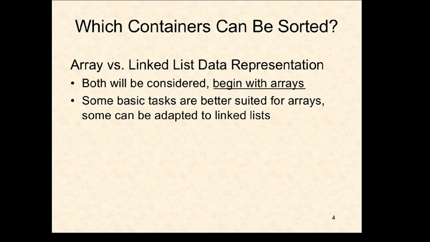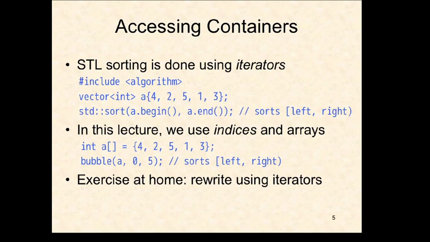Now, some tasks are better suited for arrays. Some of them can be adapted to linked lists, and all of the elementary sorts can be adapted to linked lists without losing complexity. Now, the STL algorithms all work on iterators. And because they work on iterators, they can work on any container whose iterators support the operations that they're doing with those iterators.